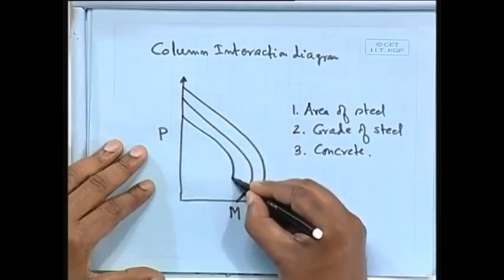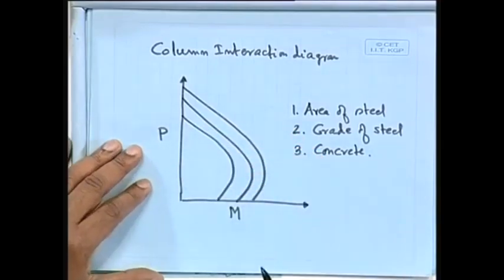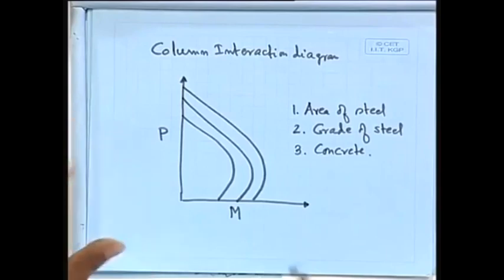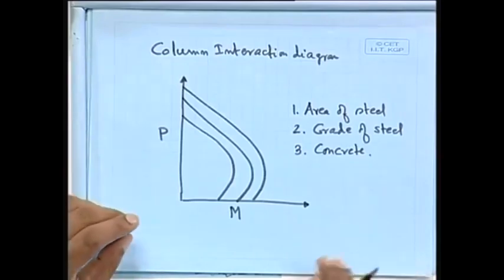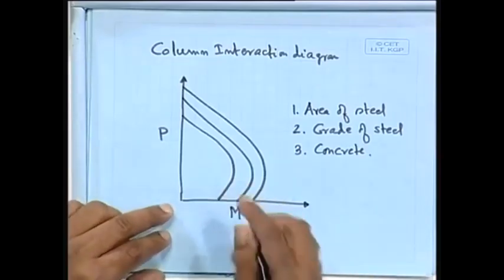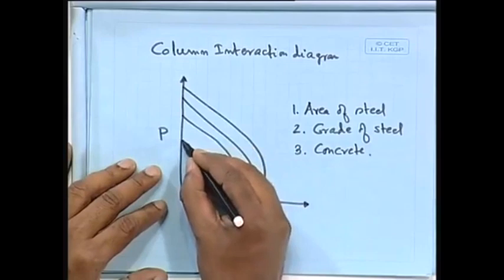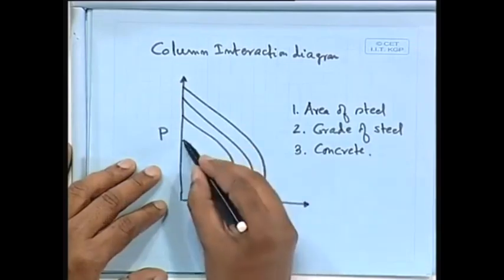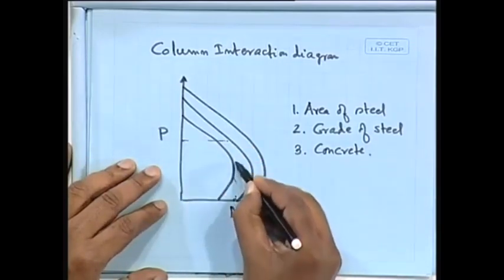So if we get it here, then if P and M are given, we can find out from here, let us say P is here and M is somewhere here.